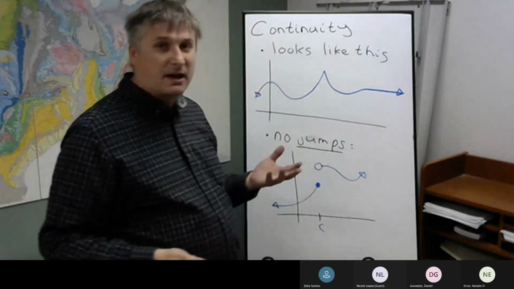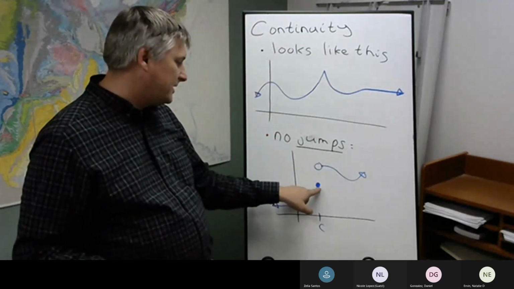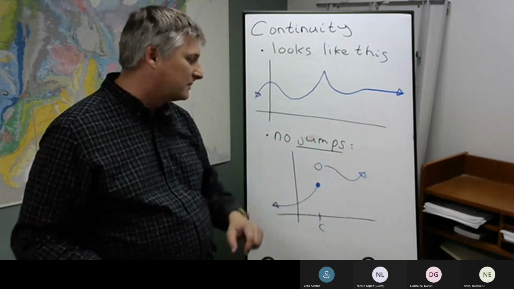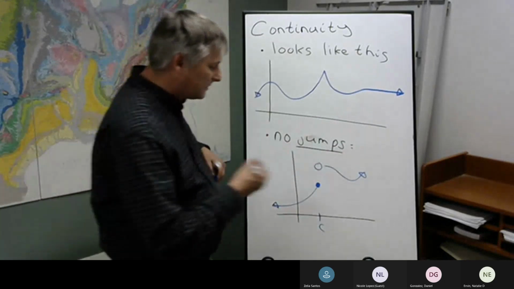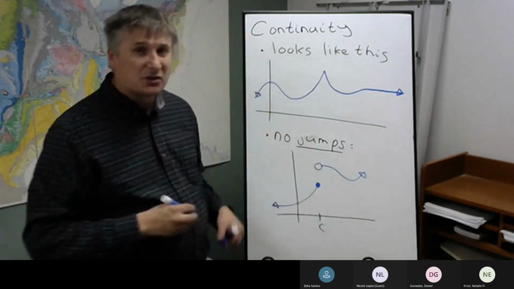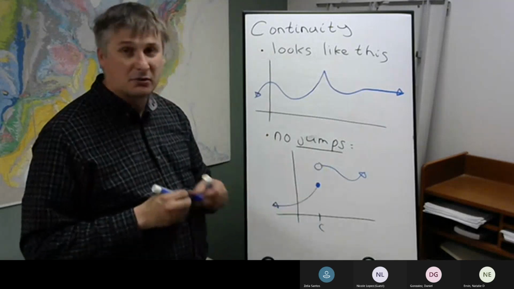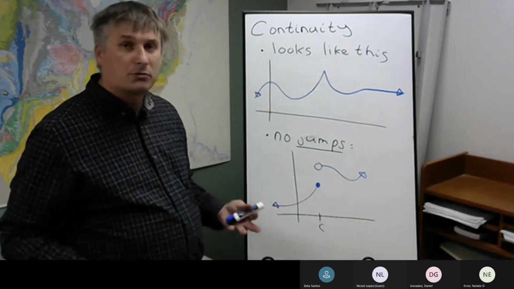You just suddenly leap in value, or you have a value at c and then you suddenly start over again at a higher value beyond c. There's no smooth connection between this location and that location. So there are no jumps.